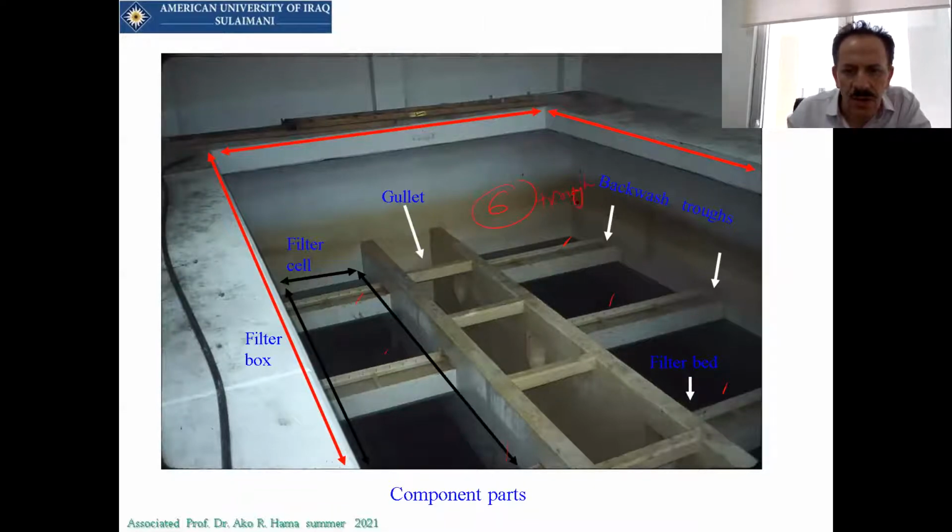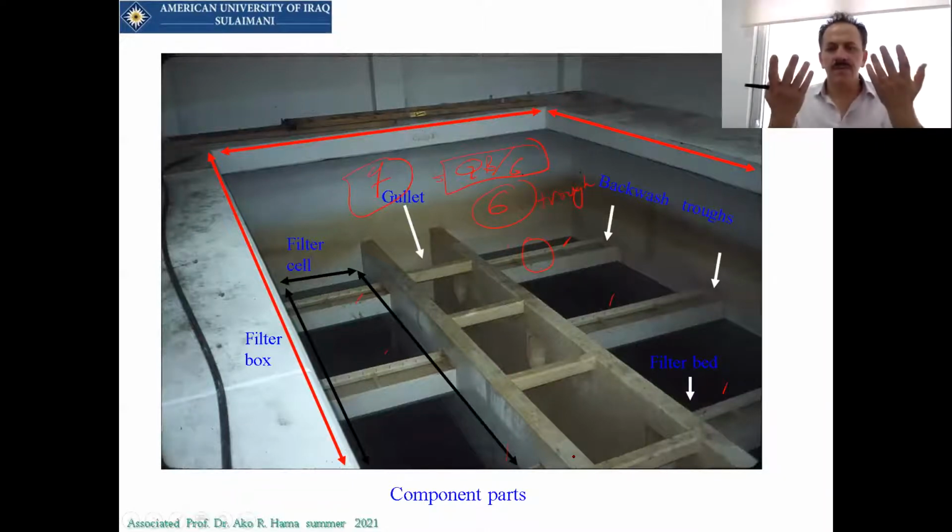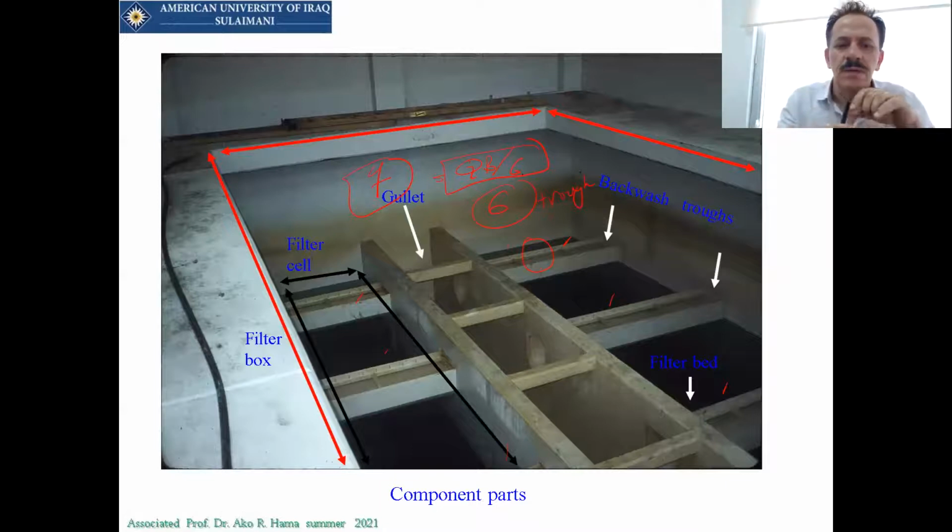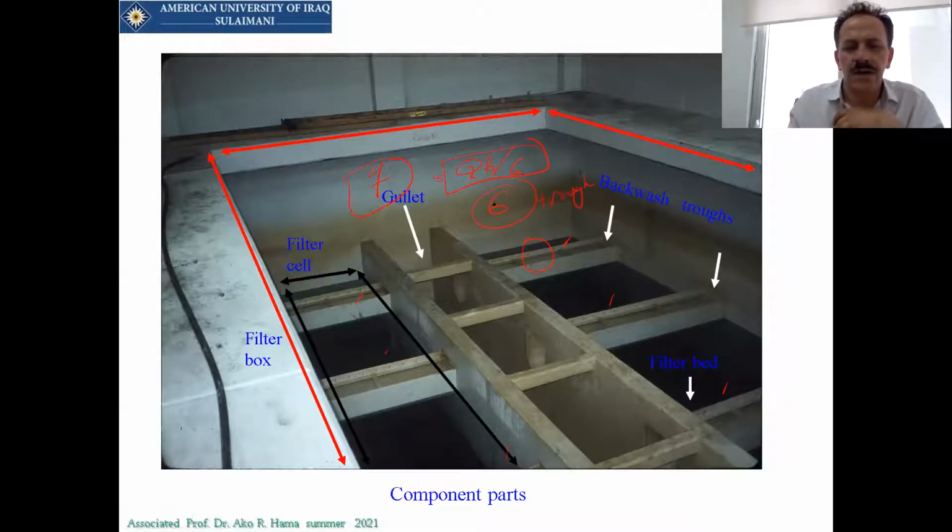So when I want to design the flow for a section, I take Q backwashing divided by 6 to get the flow in each trough. Why? Because the flow is coming from above and will be collected in those 6 troughs. So usually you divide the flow by the number of troughs.